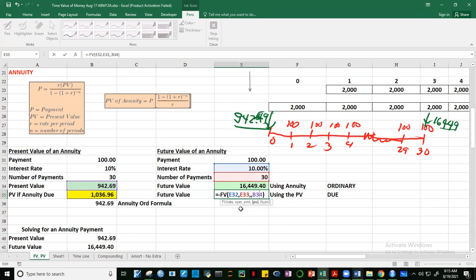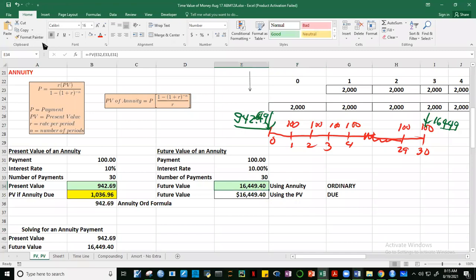So if you take a look at the formula, guys, rate 10%, N per 30, skip the annuity, and then present value. So magkano to? Okay, it's the same. No? $16,449.4. So this proves, guys, that these amounts are equivalent.